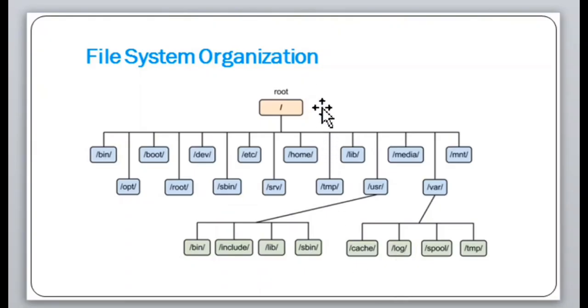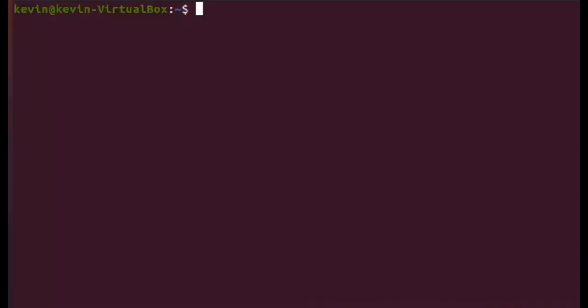So if we were to write this out, let's say we wanted to do the beginning of the file system and boot and then bin. We would do /boot/bin/. Okay? So actually let me write that out for you here on our terminal.